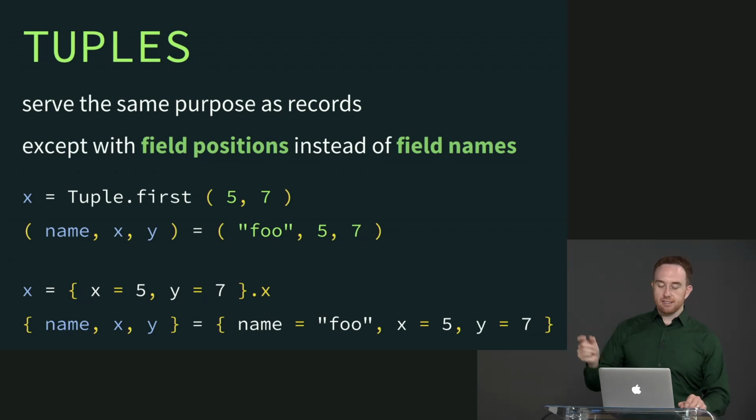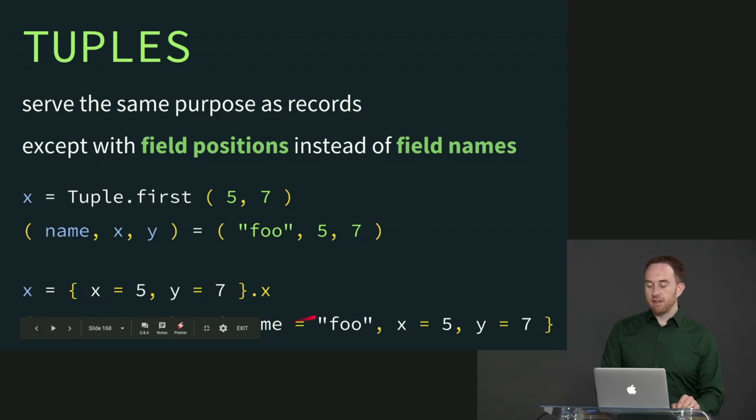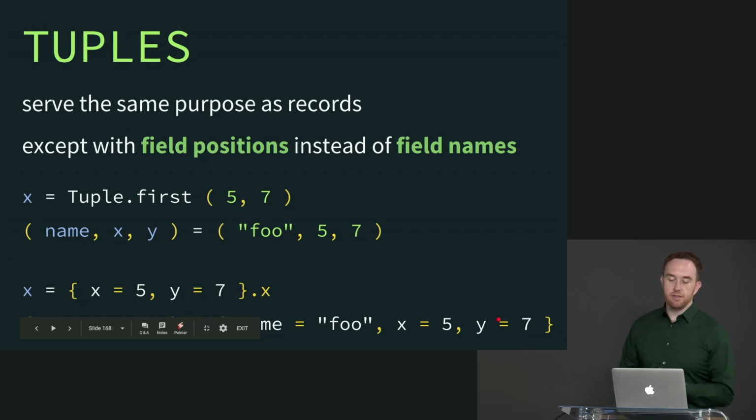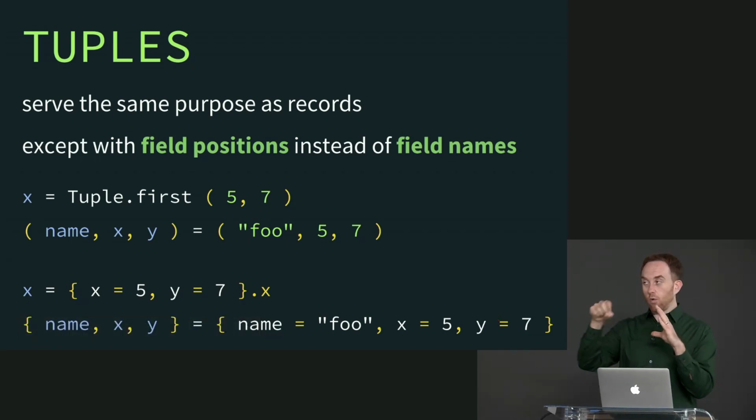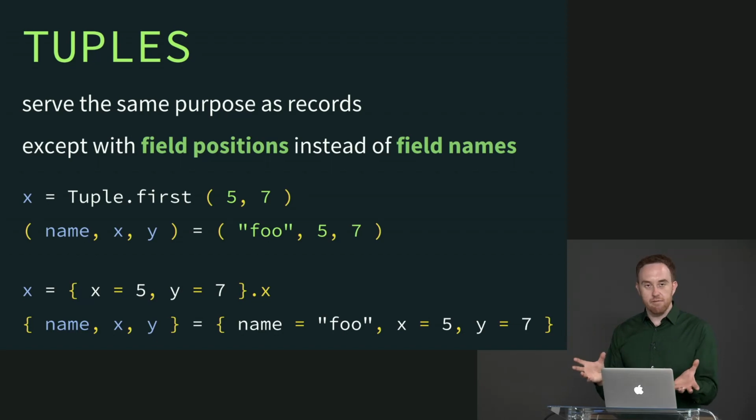So name, x, y, in this case, refers to the field that is named name, the field that is named x, and the field that is named y. But because of that, in the tuple version, if you're destructuring them, you need to specify every single one of the fields, whereas in the record version, you do not. You can put them in any order, and you can specify only some of them and leave others off. That's all totally fine.